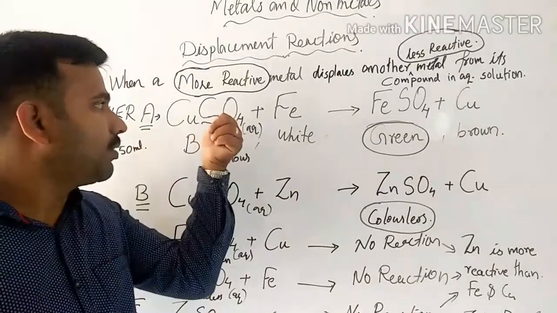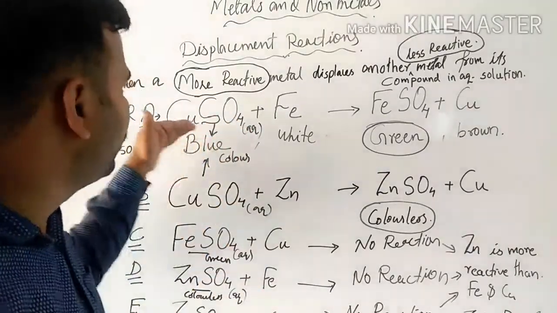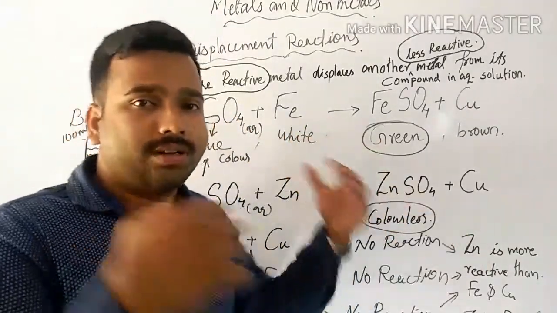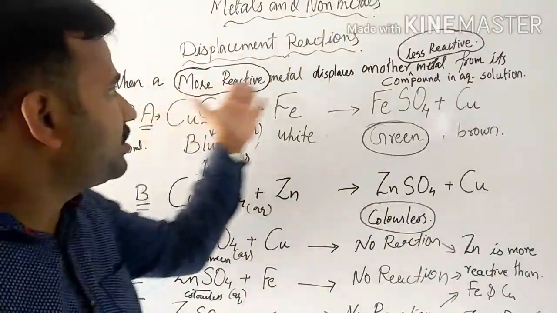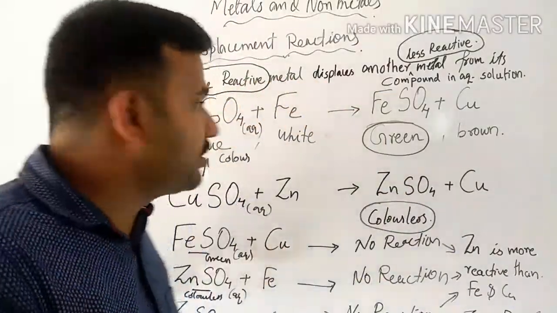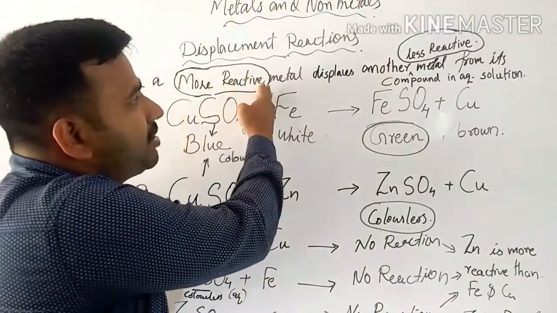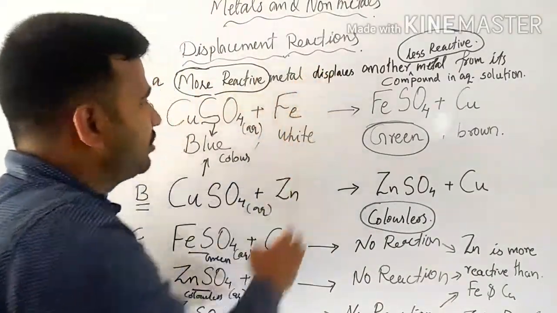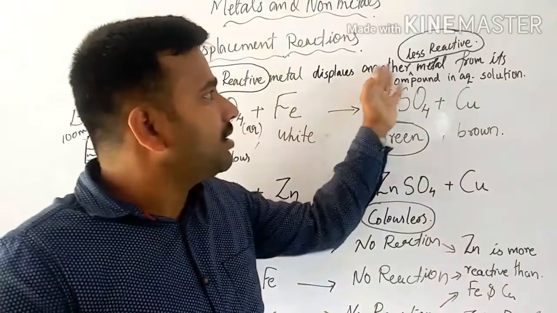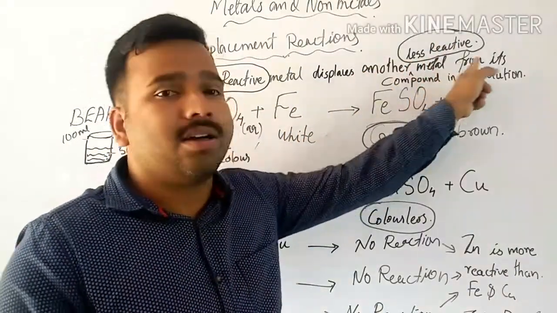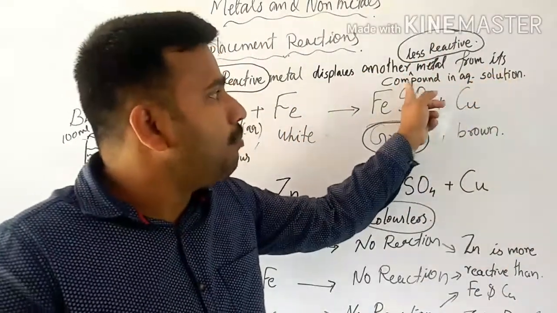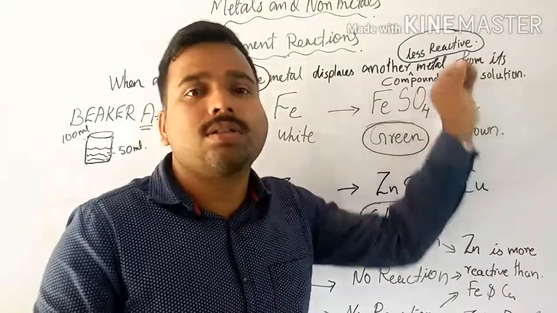Now let us look at the first displacement reaction. You can define a displacement reaction this way: when a more reactive metal displaces another, less reactive metal from its compound in aqueous solution.